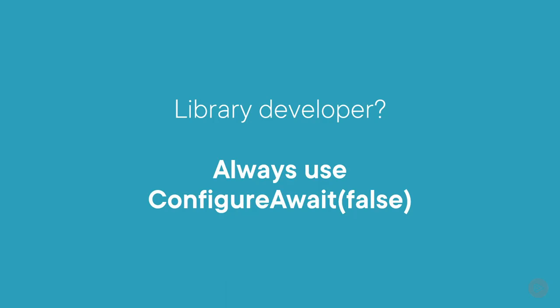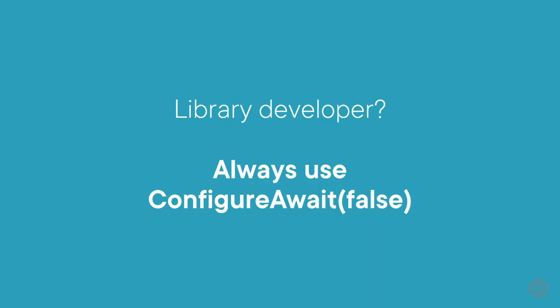With that being said, when is it appropriate to use configure-await false? Whenever you build libraries. If you're a library developer, you won't necessarily know if the people that consume your libraries will be building WPF, WinForms, ASP.NET 4.8, ASP.NET Core, Xamarin, or other types of .NET applications.